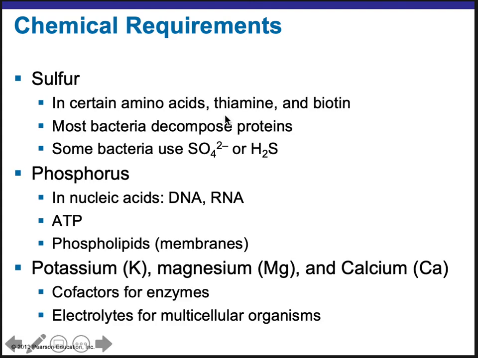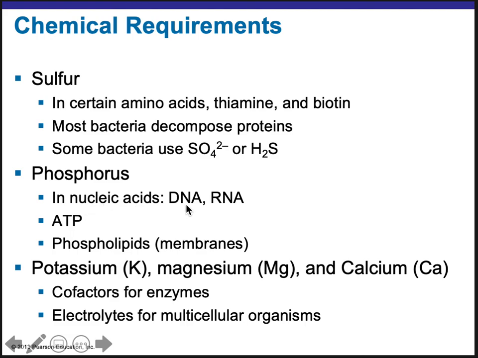More chemical requirements. Sulfur is also required for some amino acids, not every single one. We also have some coenzymes like biotin. This is a repeat, but most bacteria can decompose proteins and get sulfur from there, but some bacteria can use inorganic sulfur sources. Phosphorus we find in pretty much all of the molecules we've been studying.